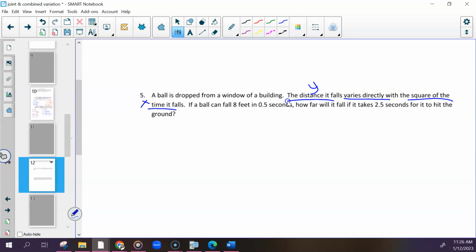Except we need the square of. So how would we say that? So y equals kx squared.